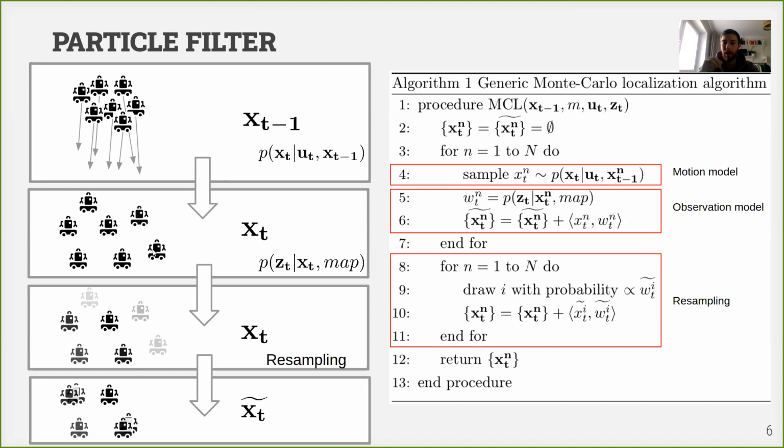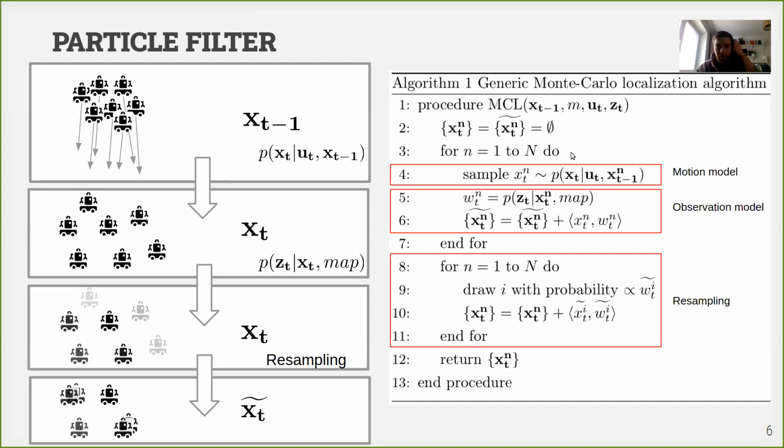We don't know whether it is correct or not, but we assume the position of each particle is correct, and use it to see on the map what the robot expects to measure in this particular position. Comparing it with sensor readings, we decide whether they look close or not, and this generates the probability or weight of each particle.